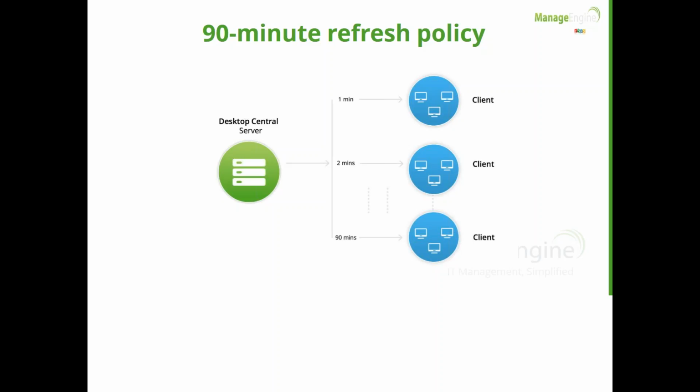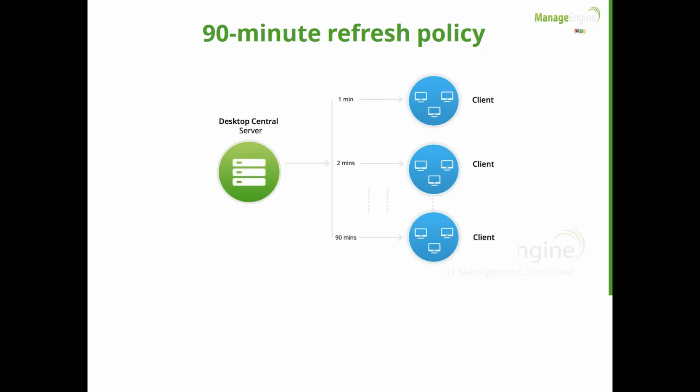Number one, the network is not choked by agent communication, meaning bandwidth is not disturbed due to agent-server communication. Number two, the performance of the server is not affected at any time. The server has intelligence to ensure systematic, streamlined communication from all agents at regular intervals.